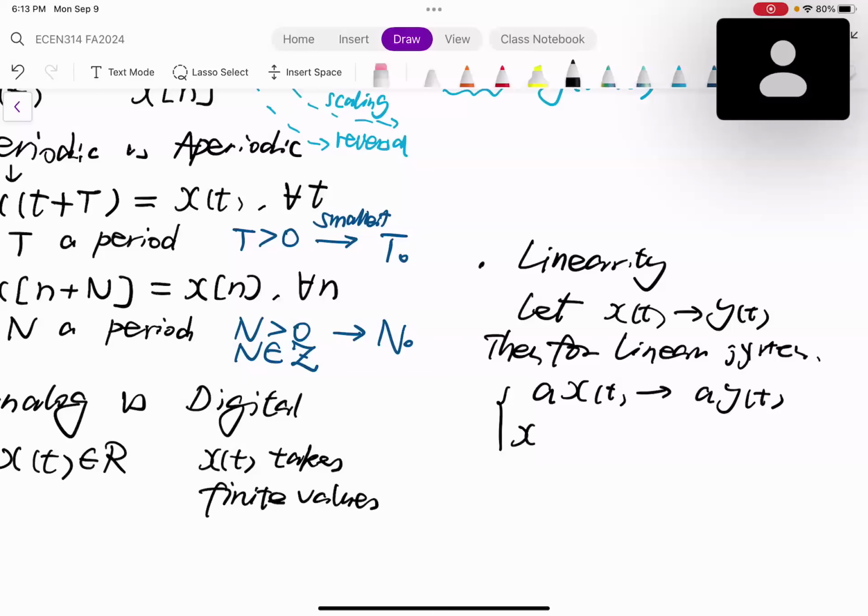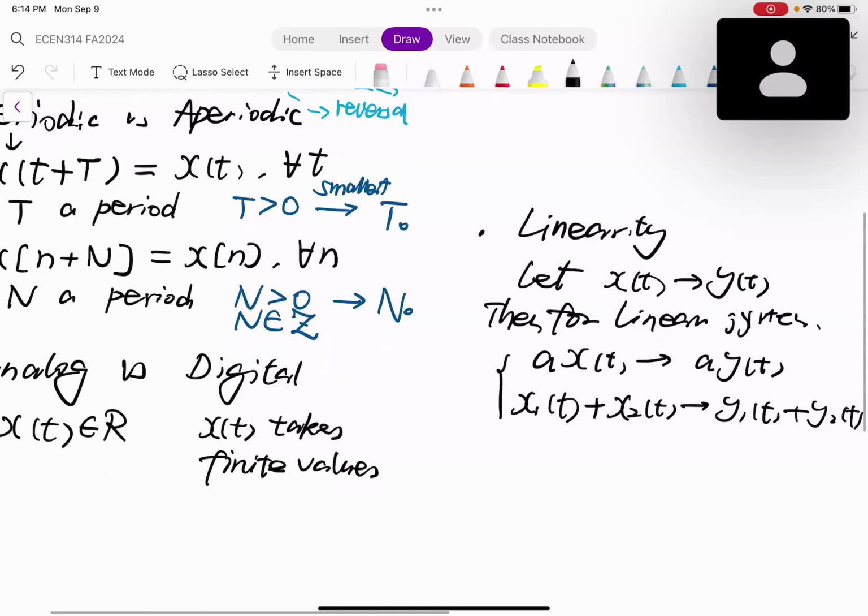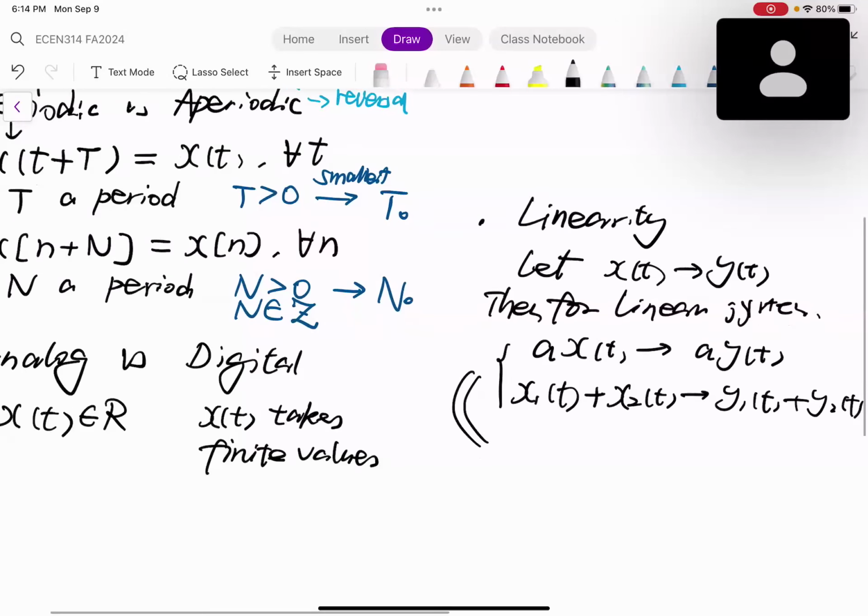Then if you add x1 and x2, and let's say x1 results in y1 and x2 results in y2, then the output is simply y1 plus y2. So that's additivity. And then we can combine these two expressions, homogeneity plus additivity, into a linear combination.